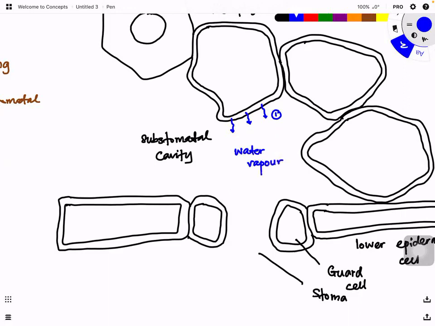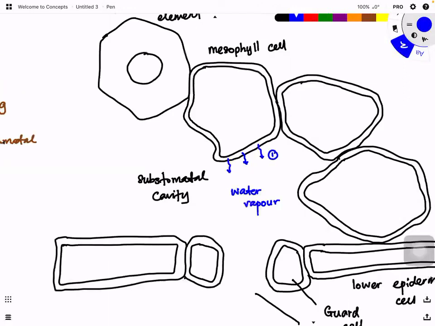Are you clear? Now, because of evaporation, the water potential inside the cell wall will be lower. Then what will happen next? So the water molecule now moves into the cell wall from the cytoplasm. So making the cytoplasm of the mesophyll cells now low in water potential. So therefore, water molecules now move from the xylem vessel element into the cytoplasm.